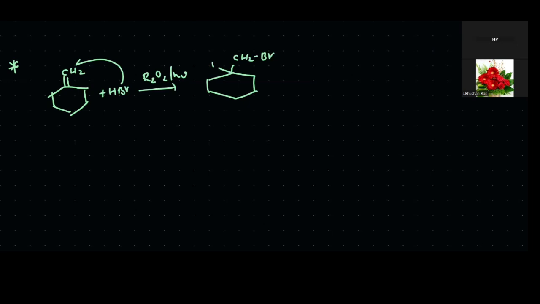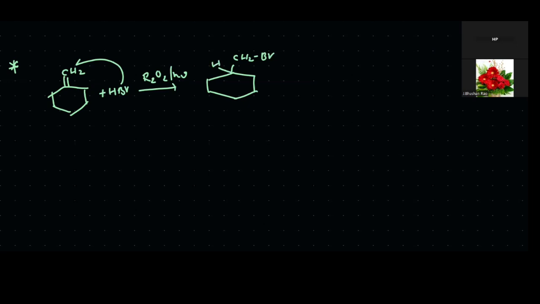When HBr reacts with this molecule in the presence of R2O2 and h nu, the bromine free radical always attacks the carbon with more hydrogens in the given asymmetric alkene. So the product is CH2Br. Hydrogen attaches to this position. So this is the final product.